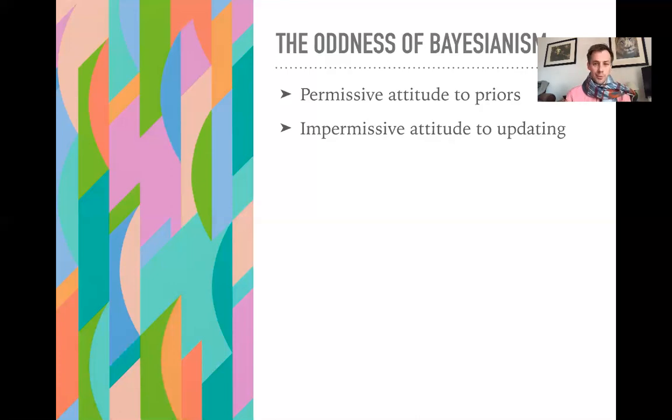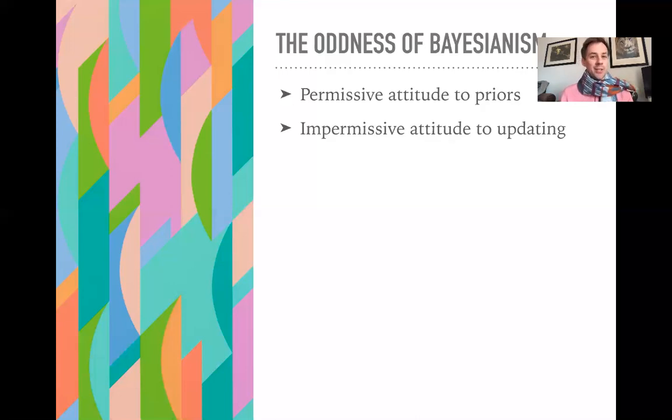That is, there's lots of different possibilities that you could opt for. There are going to be some people, objective Bayesians, who think, no, there's usually just one or some very, very tightly constrained set of possibilities. But most people, even if they add on a whole bunch of other things over and above probabilism and conditionalization, will think that there's a whole range that leaves open really an enormous variation in the permissible attitudes you can have towards propositions in your priors.